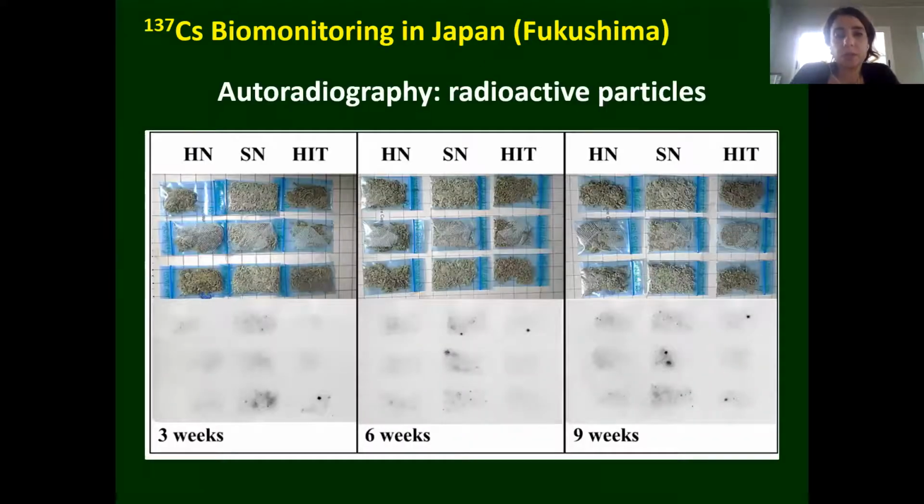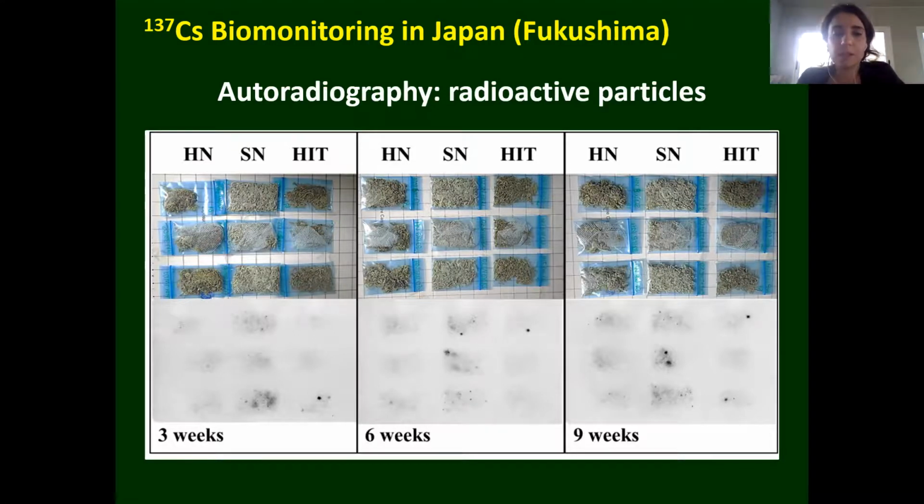In this case, for example, I just show this data from Japan, because this data I cannot publish yet, but I wanted to show you that a particle can contain not only simple elements, simple metals, but also radioisotopes.